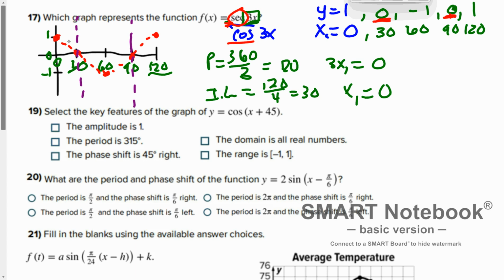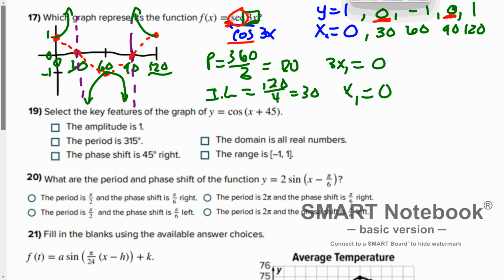This curve is going downwards, so now the curve is going up towards that vertical asymptote. This curve is facing upwards between 30 and 90, so now it's going to face downwards. And this curve is coming down from 120 back to 90, so now I'm going to go up when I'm going towards 90, and I'm not going to cross that. So there's my graph of secant of 3x.